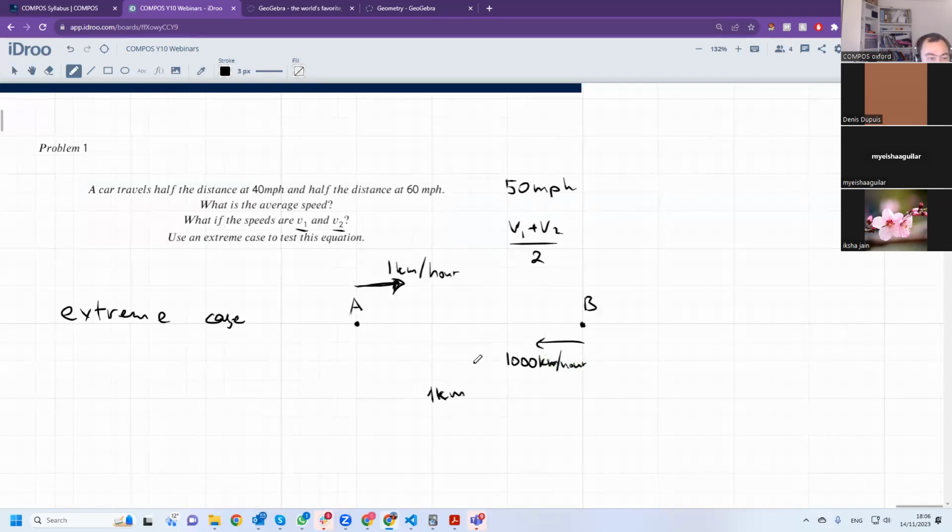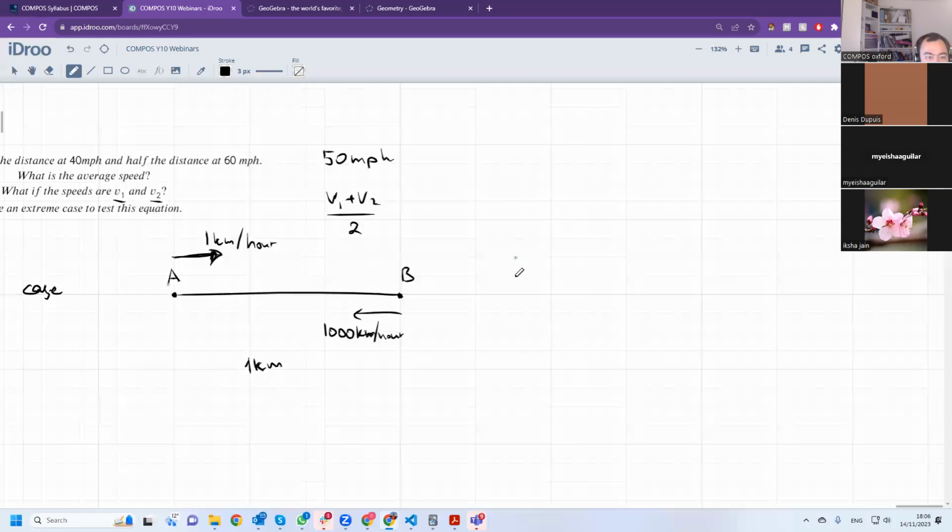So imagine the distance is 1 kilometer. How long does it take you to travel from A to B? One hour.